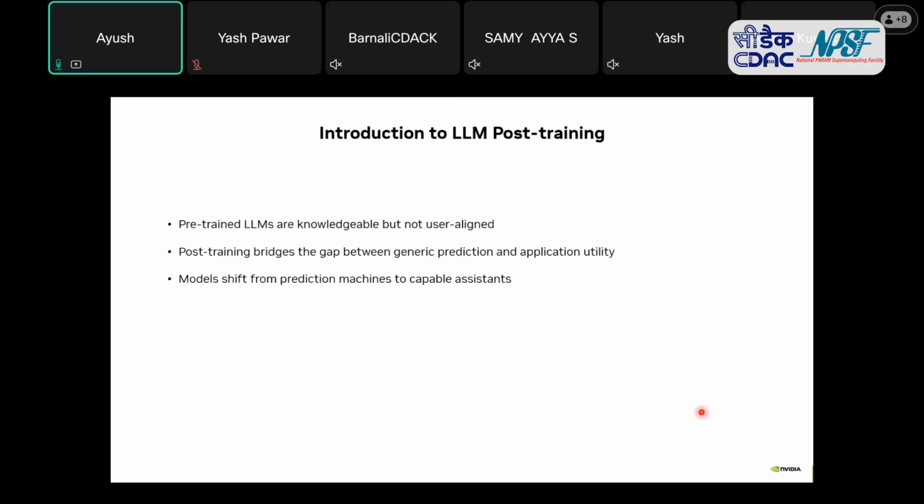Post-training helps align the model and gives these pre-trained LLMs a conversational feature, making them usable by the end user for multi-purpose applications.